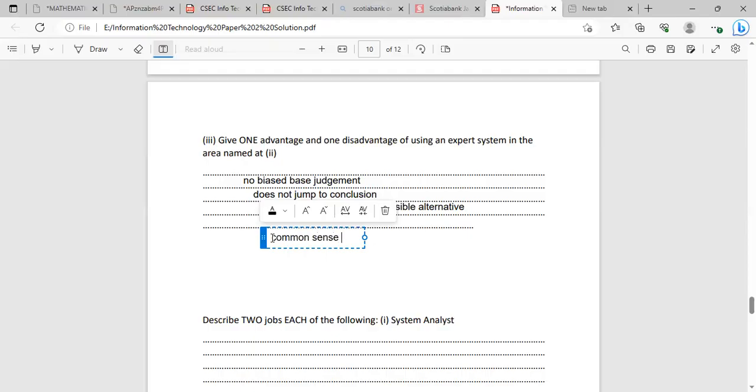Computers are just programmed, right? So they don't have any common sense. We say, oh, if this, if that. There's no, just what it is programmed to do. And the next thing too, it cannot adapt easily.